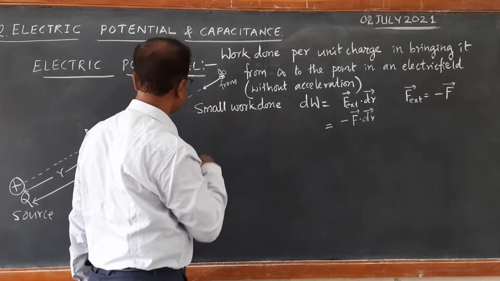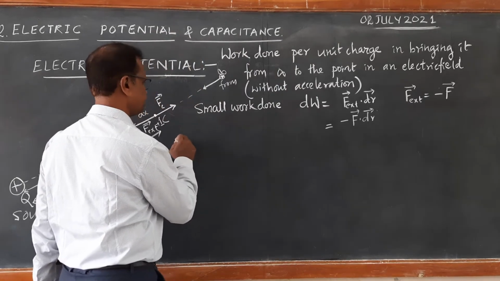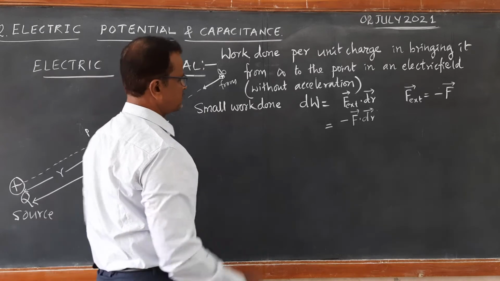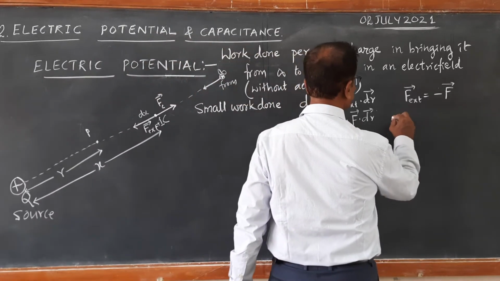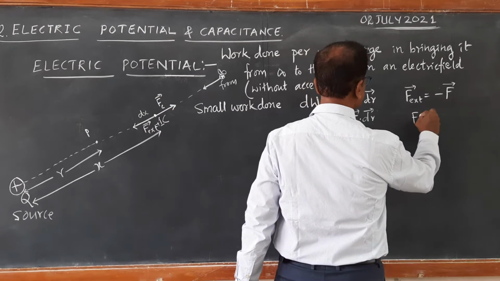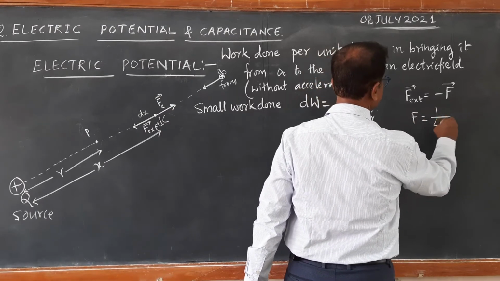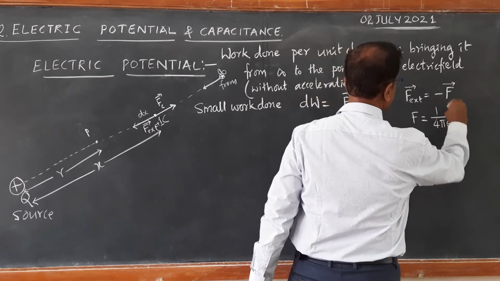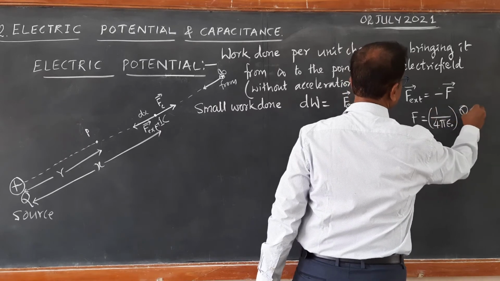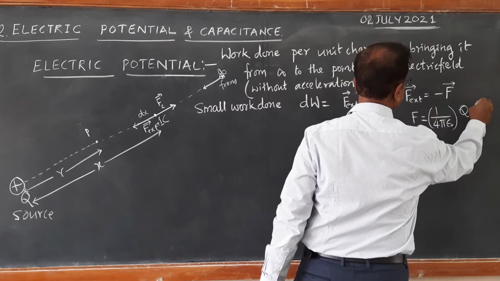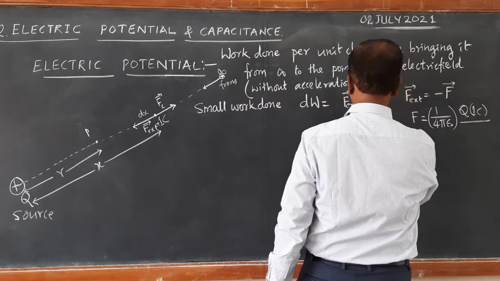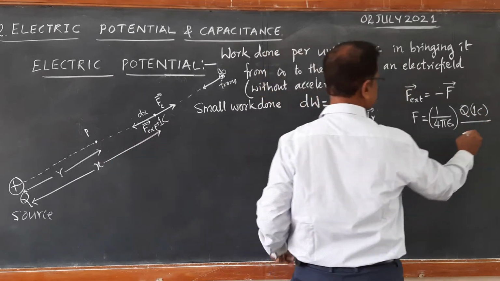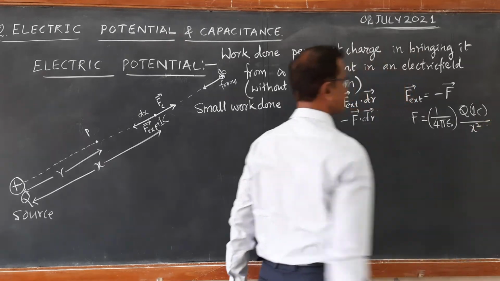Now we want to calculate total work done. So we can substitute here. What is F? F is equal to 1 by 4 pi epsilon naught, as we have used earlier, Q into 1 coulomb of charge divided by the distance, here it is x, so it is x square.